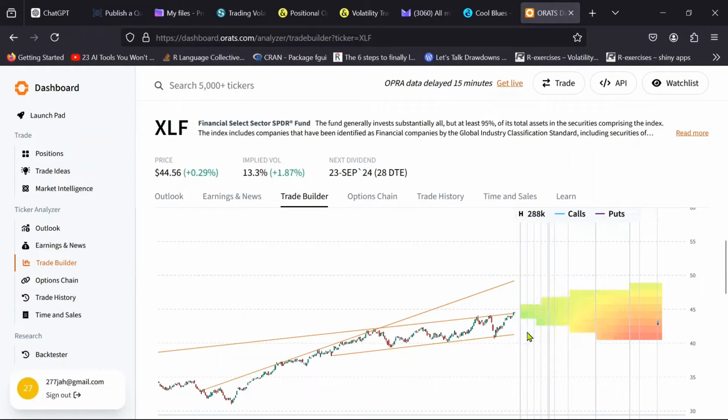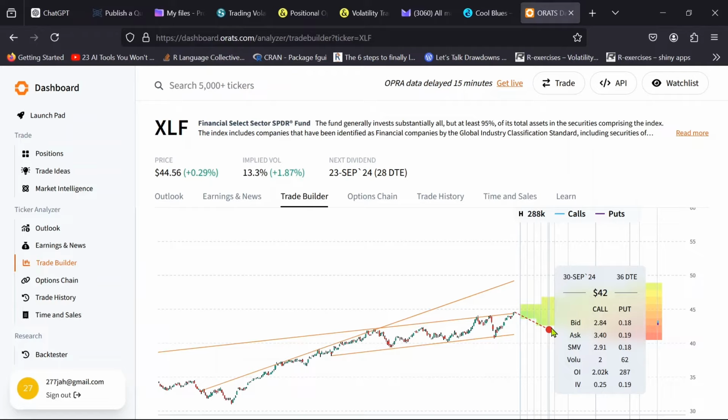But my point is, even the puts for 20th September, that's not far enough out. Let's see here. 30th of September, a 42 put is 18 cents.